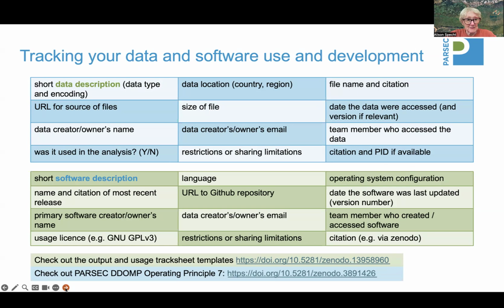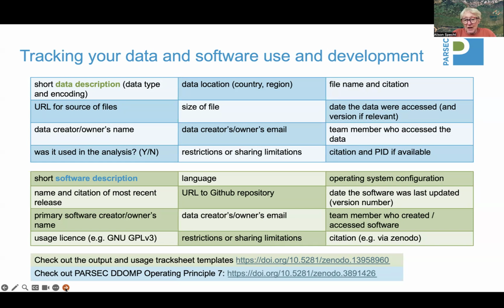Now, because we've got a few slides here, I have put in here the data description track sheet, the details that are recorded in there, and the software description track sheet. Now, these are, again, reported on to Belmont.